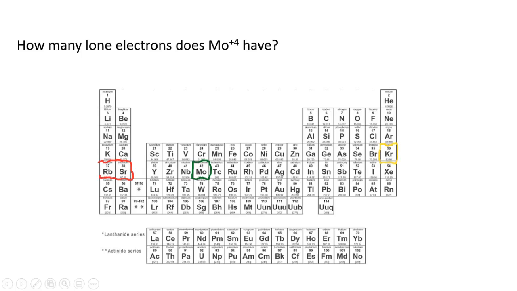So this is 5s, because the row number tells you the S orbital. And then we have 4 4d electrons. The way we know it's 4d is because it's on the 5th row, so it has to be the 4d orbital.